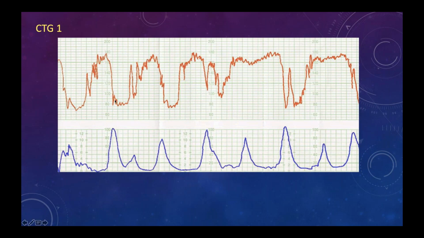So if more than 2 decelerations are there, then you will say you have deceleration in more than 50% of contractions. Here there are 4 contractions in 10 minutes and 3 decelerations. So here deceleration is present in more than 50%. Okay, ma'am, clear now.